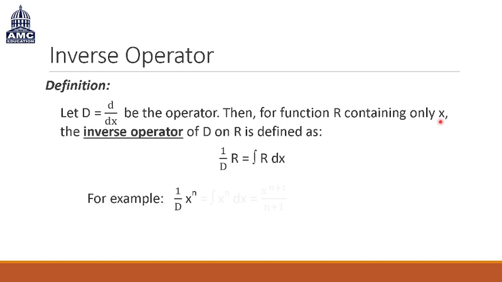Let's take an example of R to be x to the power n, and this satisfies the condition that R contains only x. By the definition that we have looked at a little while back, this is going to be x to the power n integrated with respect to x. And this, my friends, is x to the power n plus 1 divided by n plus 1.